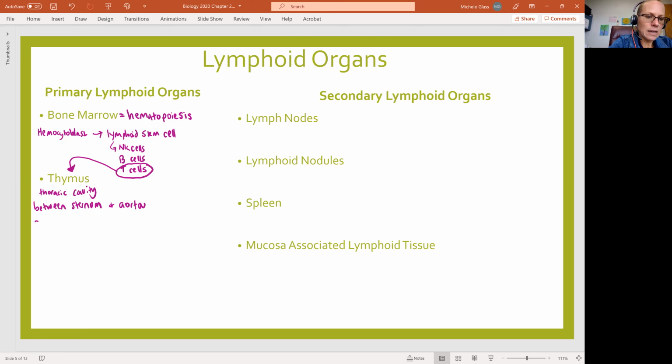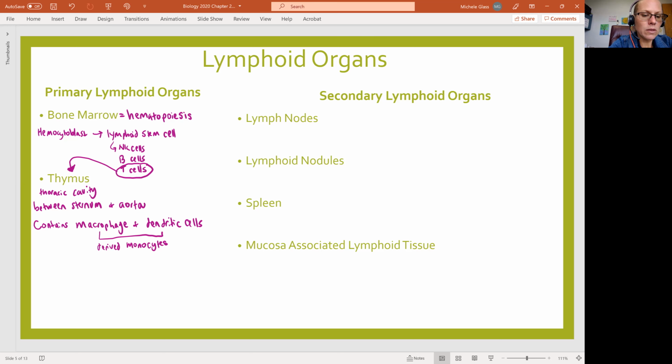And we're going to see that the thymus contains macrophage and dendritic cells. These are two important phagocytic cells that are derived from monocytes. Monocytes, remember, are one of our white blood cells, or leukocytes.